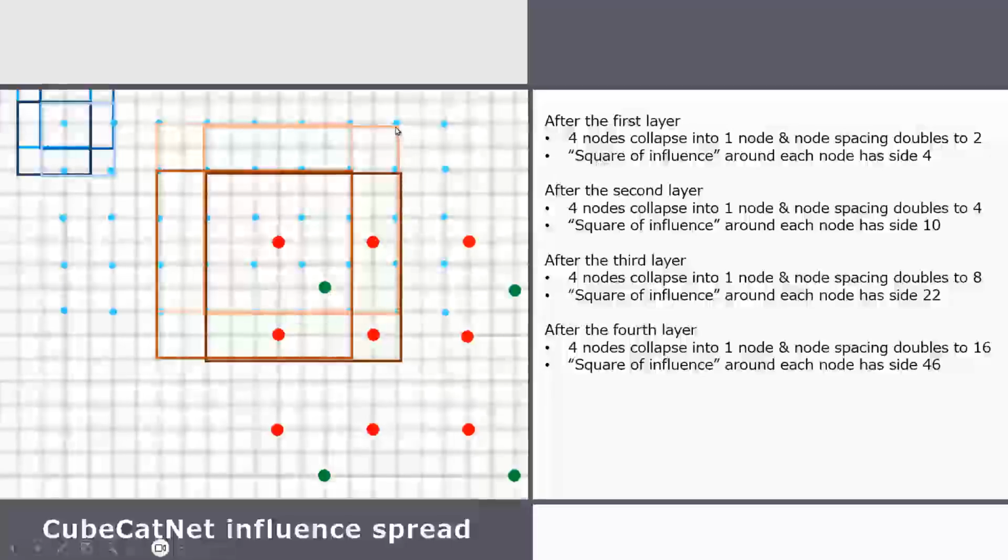But then when I do the max pooling on the next layer, I'm going to take 4 of these larger squares. Each one of these larger squares has 1, 2, 3, 4, 5, 6, 7, 8. I'm going to take this square here, it's a little hard to see, this square here, and this square here. Okay. So I have a larger region of influence. Each time I go to the next layer, I'm increasing my region of influence.